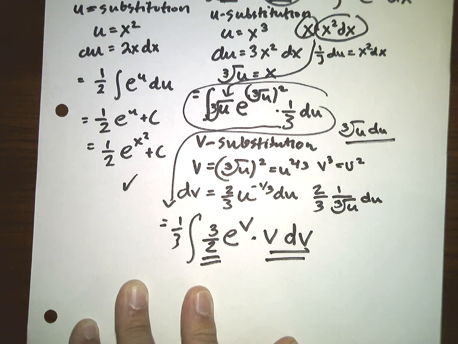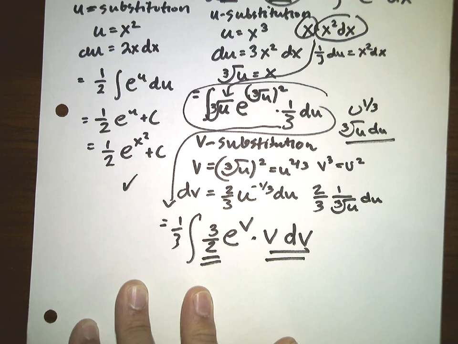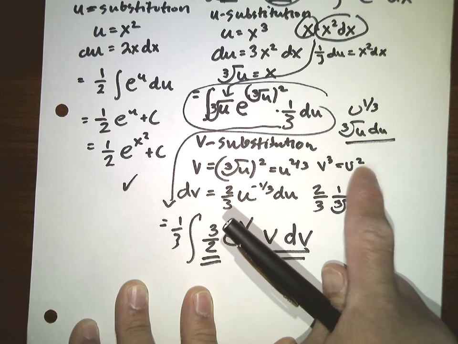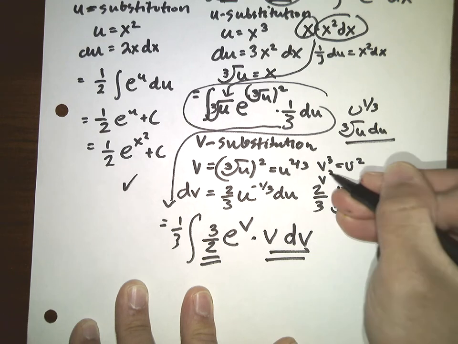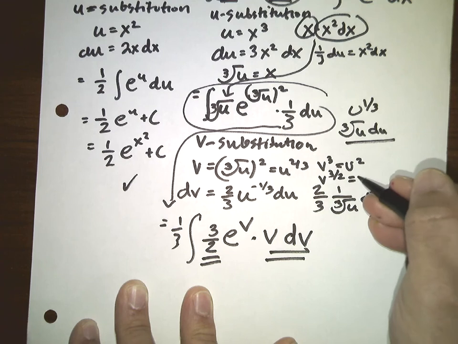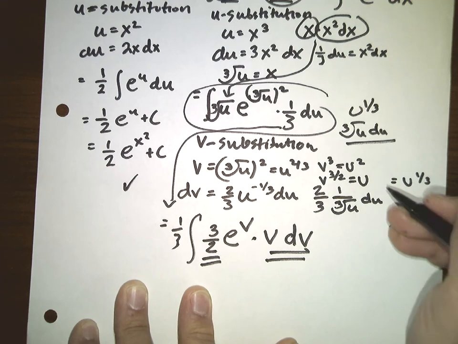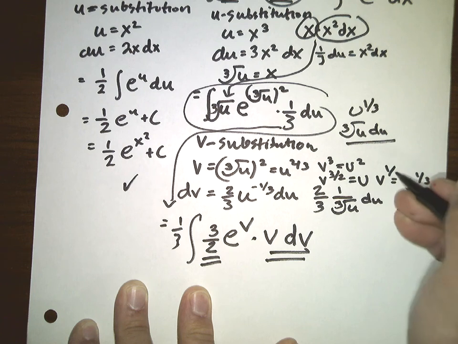All right, v cubed is u squared, and so if I want u to the 1/3 power, what I would do is take this to the 1/2 power, so v to the 3/2 is u, then u to the 1/3 would actually be v to the 1/2 power.